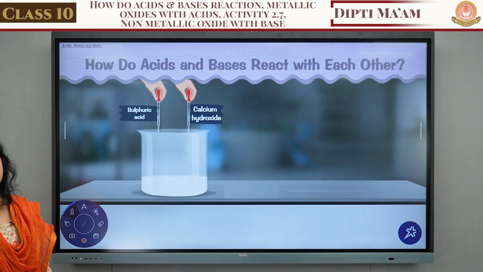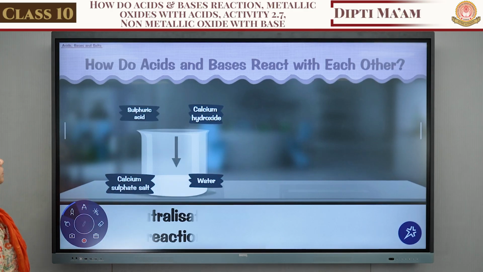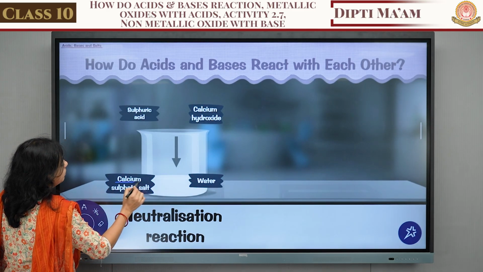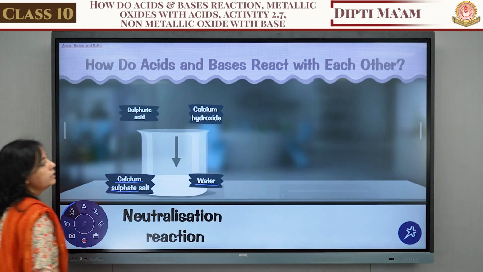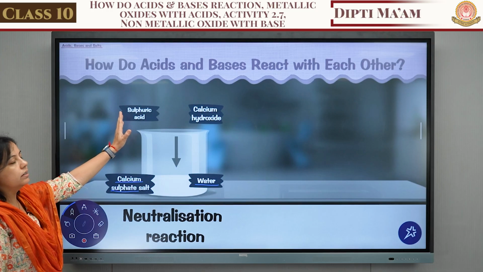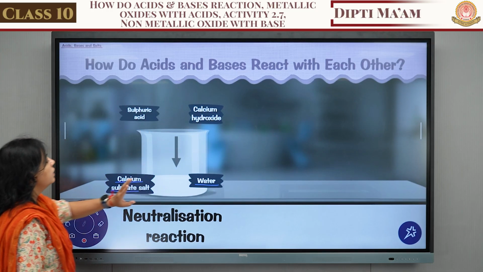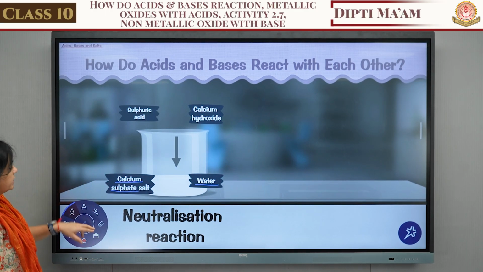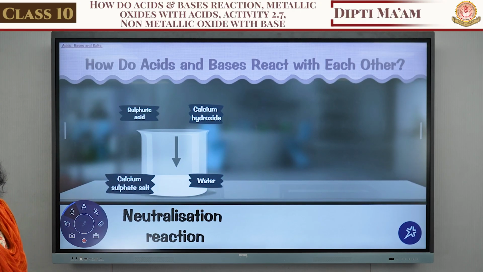Ca(OH)2. Now let's see what is the reaction between these. Here the salt formed is calcium sulfate and the water molecule will separate out. So this reaction is a part of the neutralization reaction.